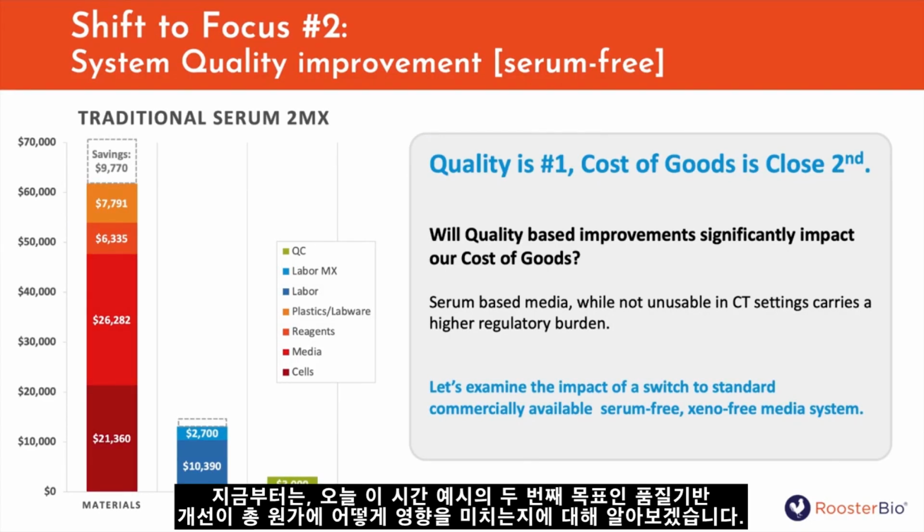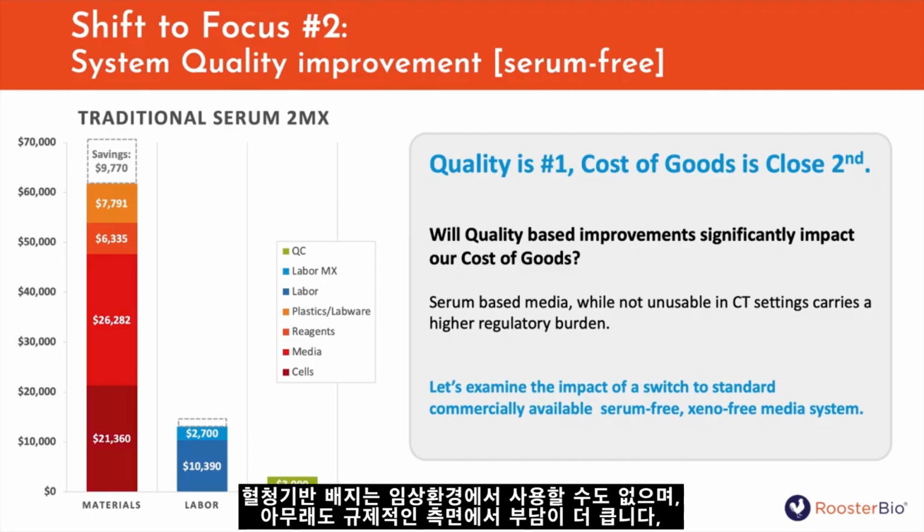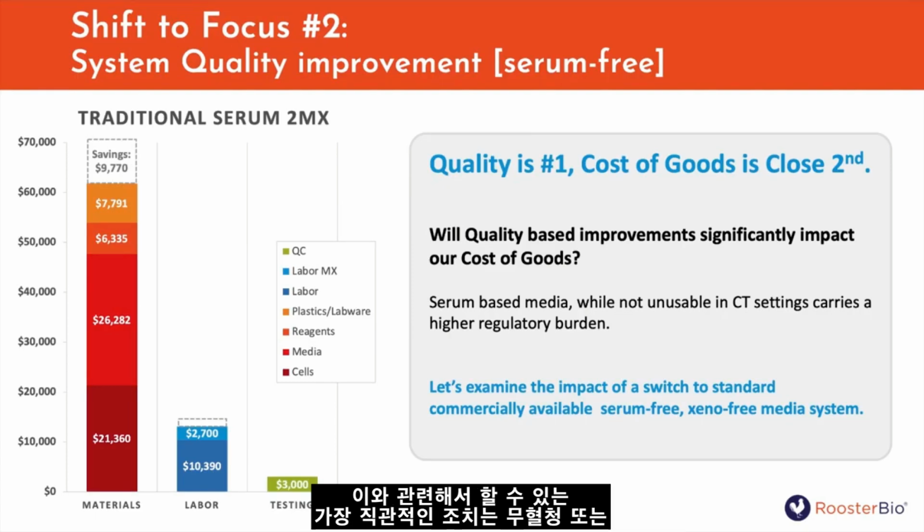But the question remains, how can significant quality-based improvements, the second component of our exercise's goal, impact our cost of goods? Serum-based media, while not unusable in clinical settings, carry a higher regulatory burden. A strong quality-based decision would be to move to a commercial serum or xeno-free system.